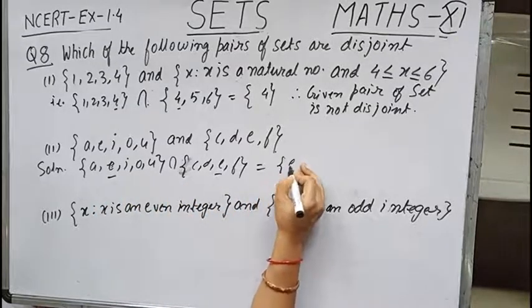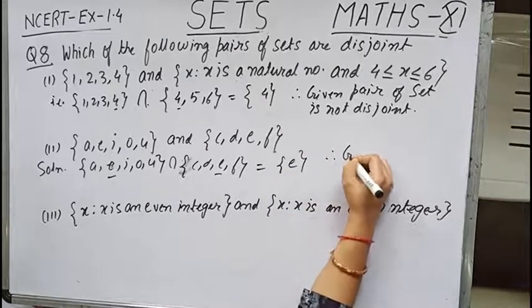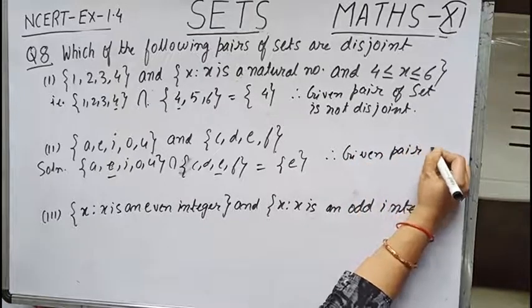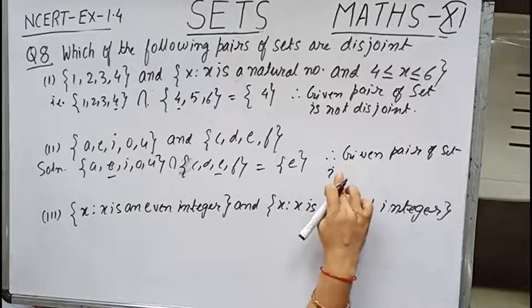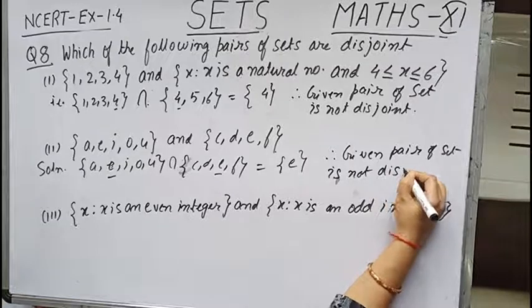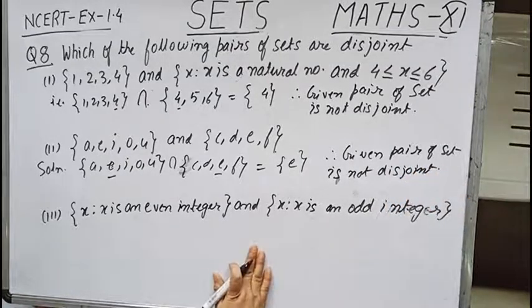So this will be equal to the set containing E. Therefore, the given pair of sets is not disjoint.